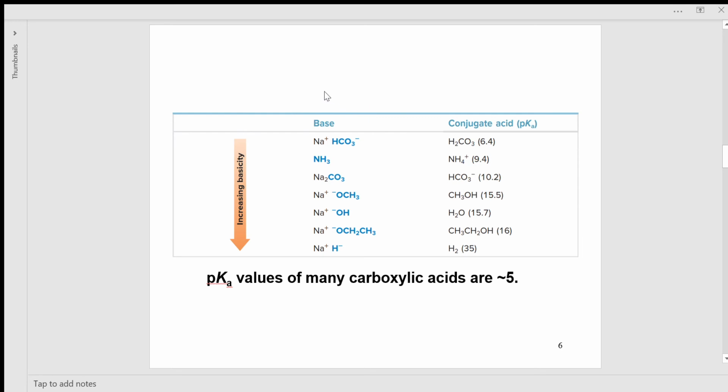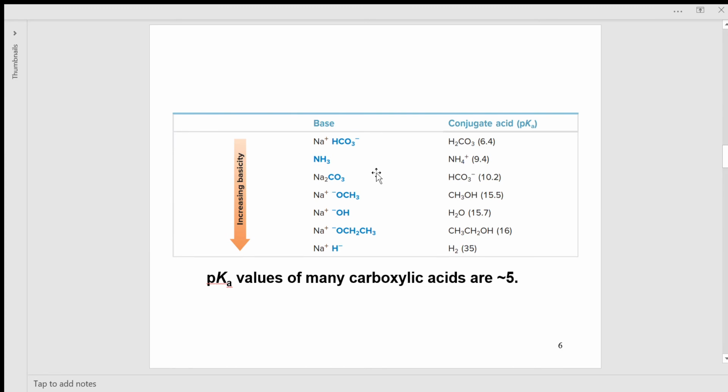Another set of terms is we call this the base, then this is the conjugate acid. Basically, it's whether you gain a proton or lose a proton. If you have a proton here, you have the hydrogen, it's the acid or conjugate acid. If you lose the proton, then you are considered a base or conjugate base.